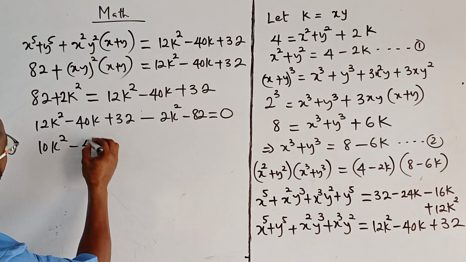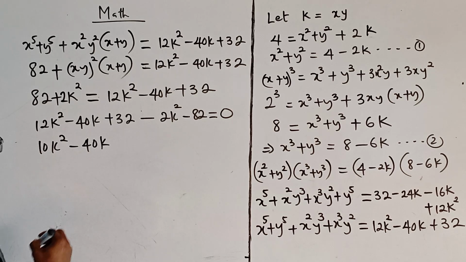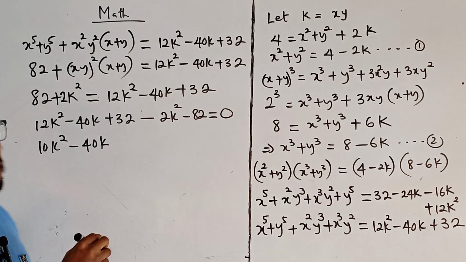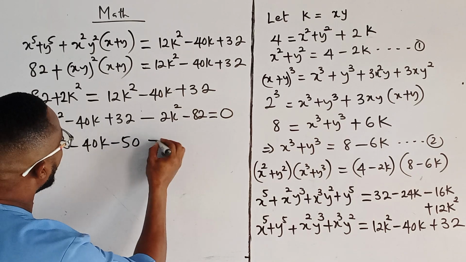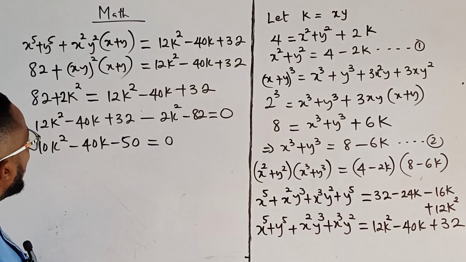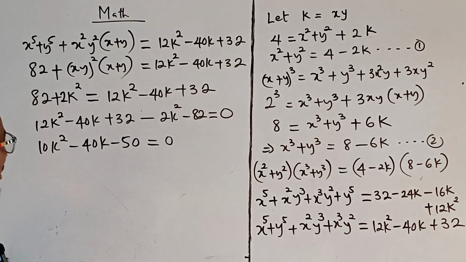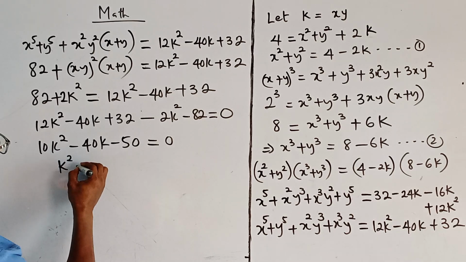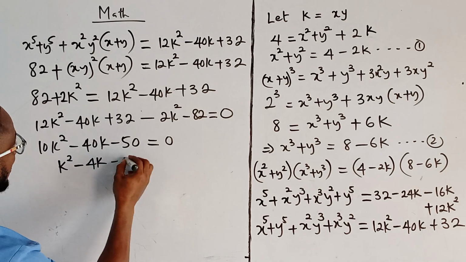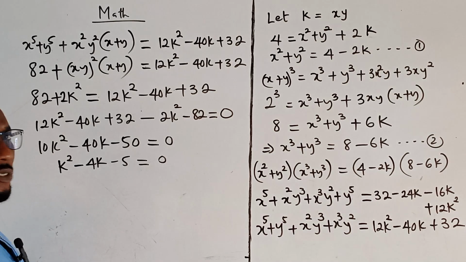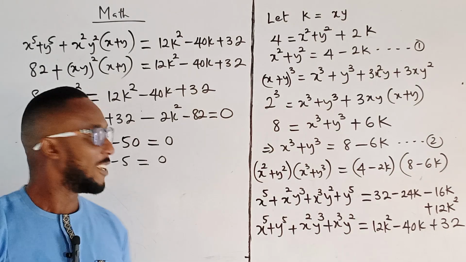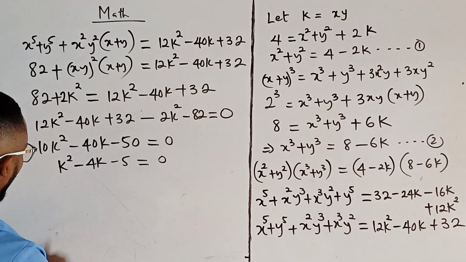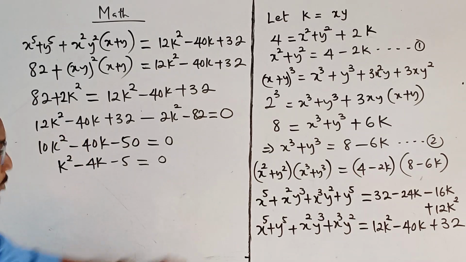Then minus 40k stays. 32 minus 82, that will be minus 50. Everything equal to 0. If I divide through by 10, I'll be having k squared minus 4k minus 5 equal to 0.